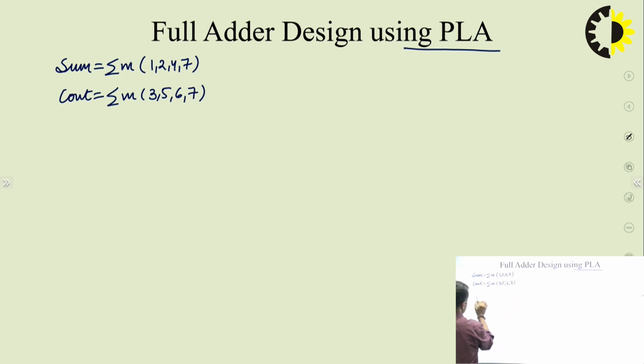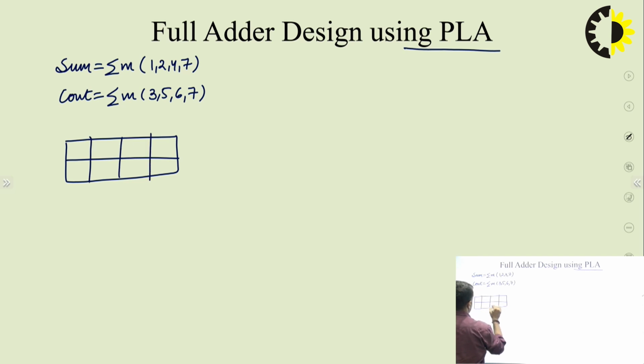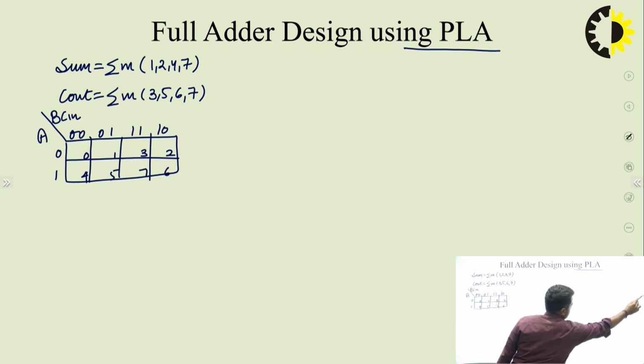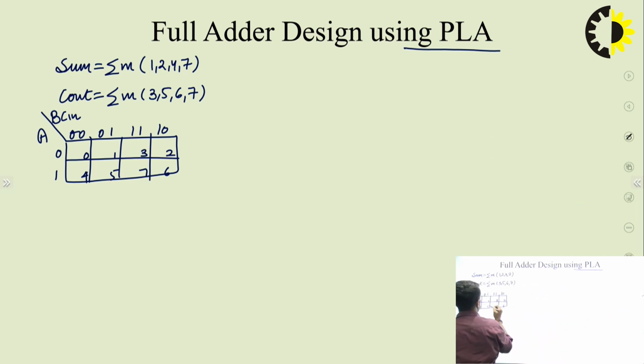Now we are solving these using K-map. Input variables are A, B and C in. So this is my K-map layout. So first we are preparing the layout. Now feeding the minterms: 1, 2, 4 and 7. We can see that no grouping is possible. That means these 4 will be separate.